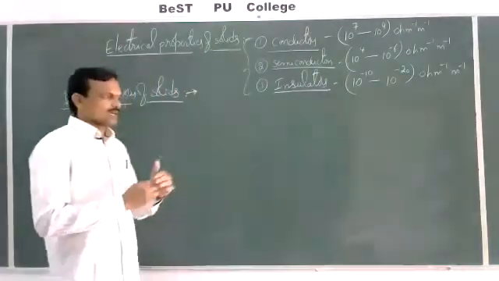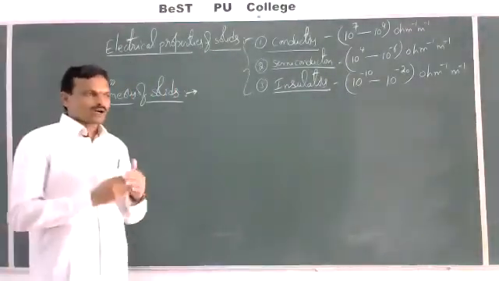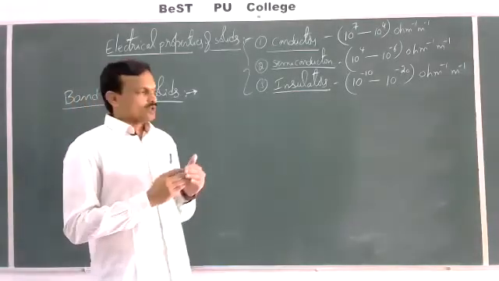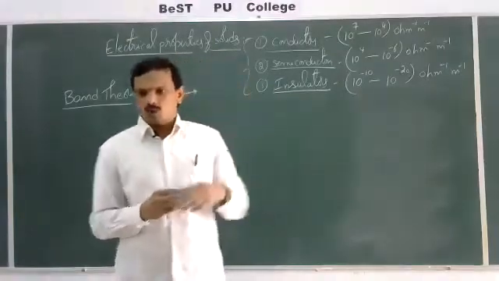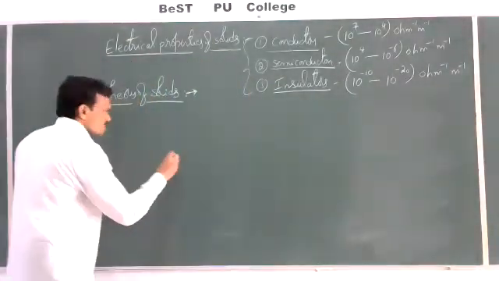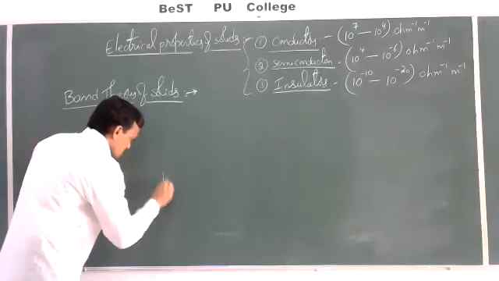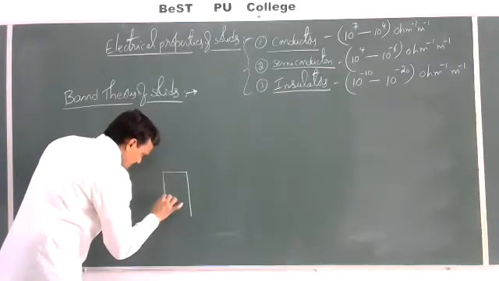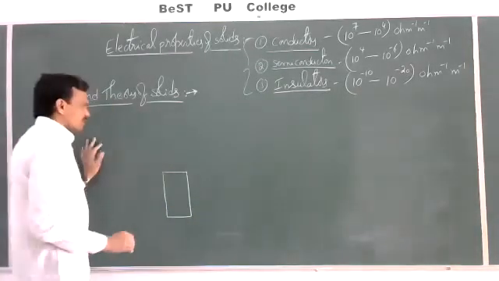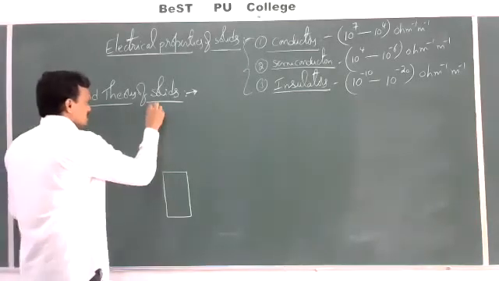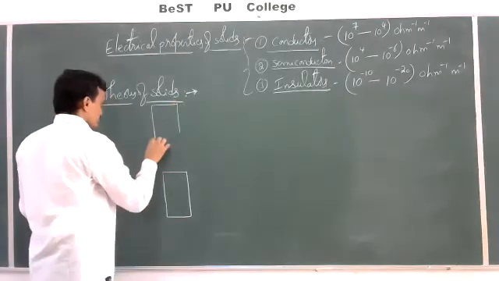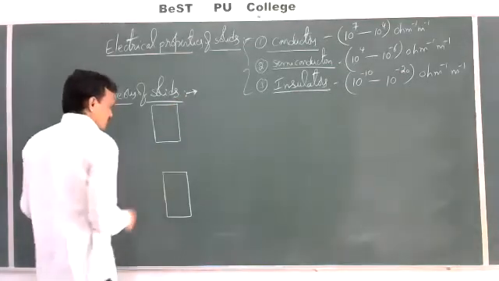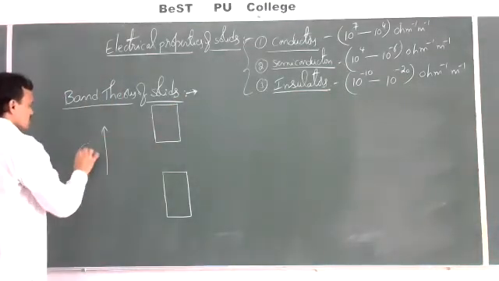Then, as I said, when two atomic orbitals are combined, we get two molecular orbitals, one with less energy, one with more energy. Let us assume this is a set of molecular orbitals having lower energy, and this is a set of molecular orbitals having higher energy. So this is energy here.